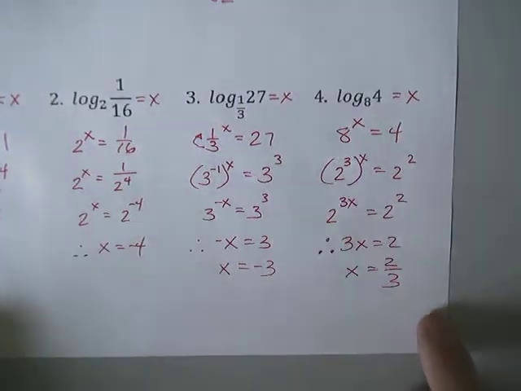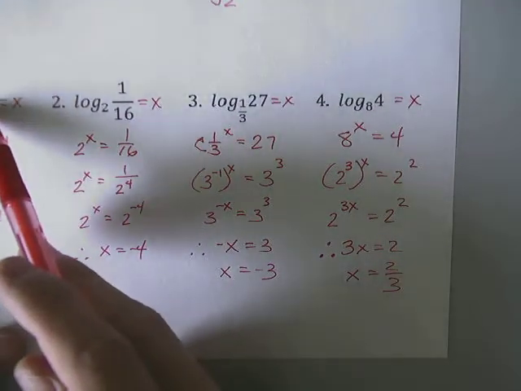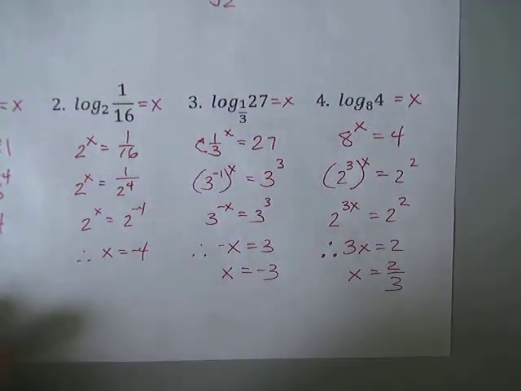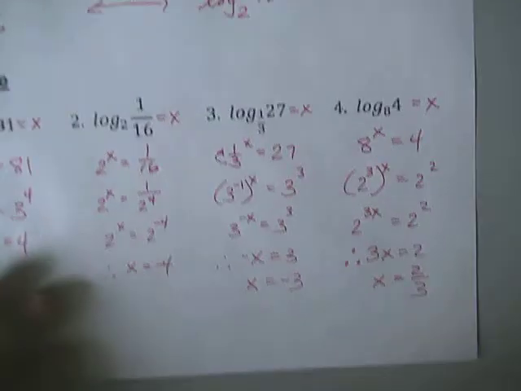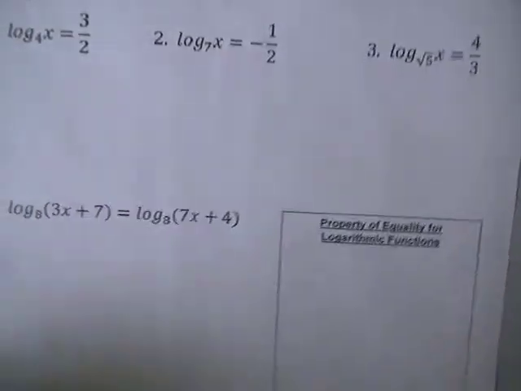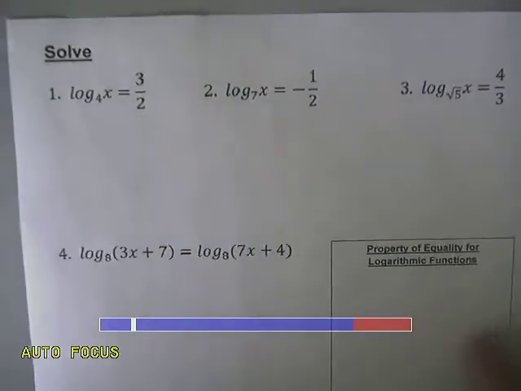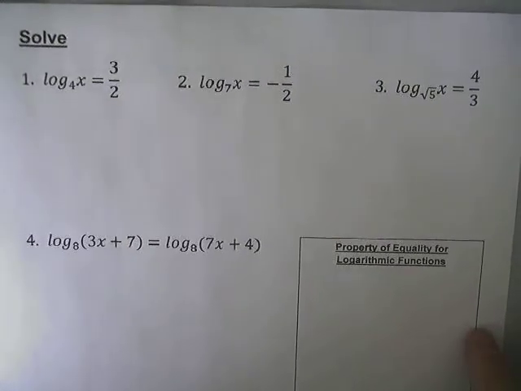So therefore, 3x equals 2, x equals 2/3, just like that. So hopefully that makes sense for you right there. That's a big part. If you can switch logarithmic into exponential and solve, that's a big part of what we're going to be doing. So let's move on here.